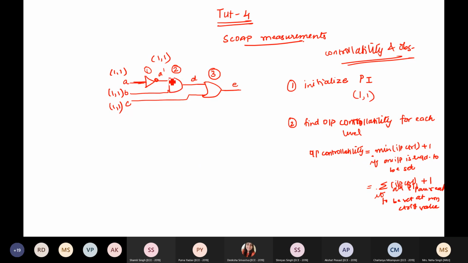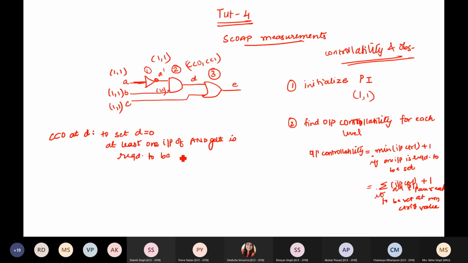But if I look at the second level, that is your AND gate, now this is 1 1, this is also 1 1. So if I want to find out CC0 at D, which means to set D equal to 0, at least one input of AND gate is required to be set to 0.